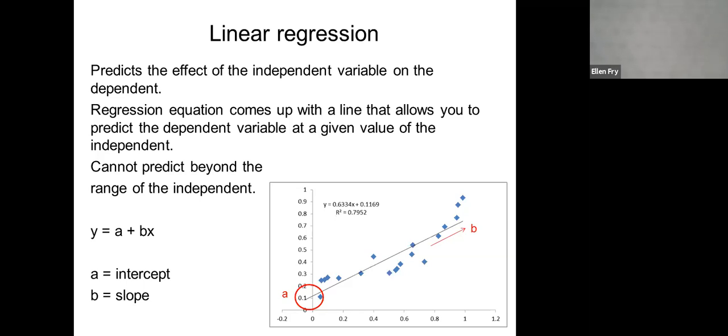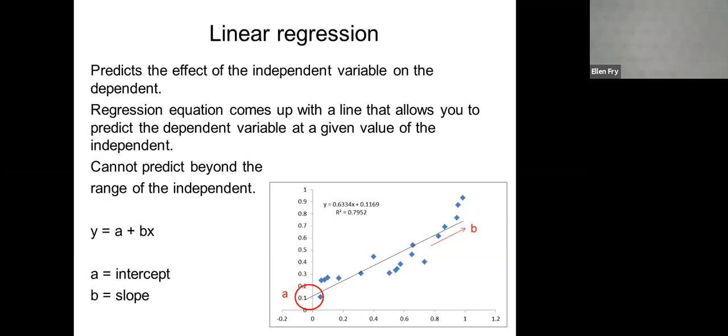So, for example, if you were to look at enzyme activity and you only looked between 0 and 30 degrees centigrade, you could not predict activity at 50 degrees centigrade because the model would not be able to predict that the enzyme will be killed at 40 degrees.